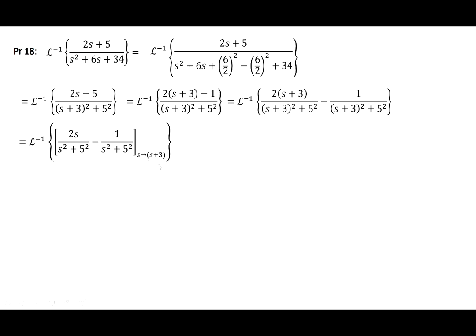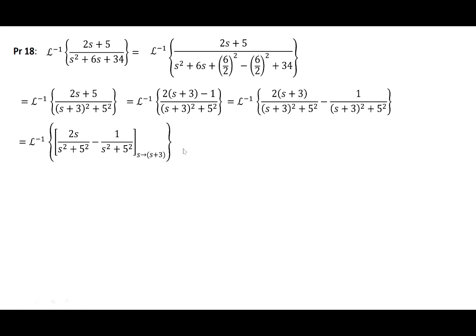How do we account for the shift s plus 3, s shifted by s plus 3? e to the at, right? What is a? Be careful. s shifted by s minus a. So what is a here? Negative 3. Yep.